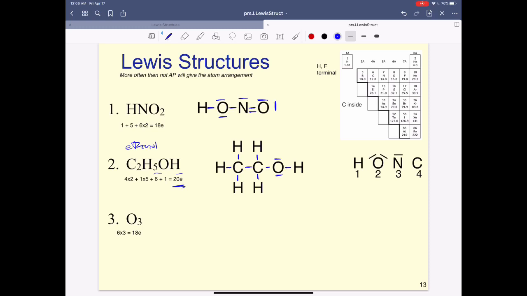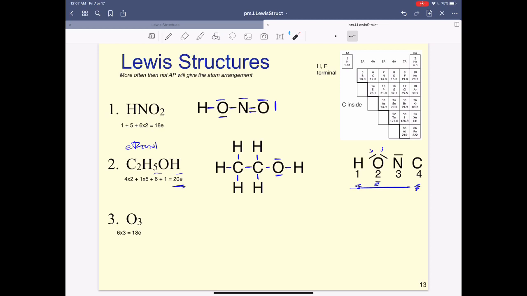No double bonds necessary. And notice that we have observed the HONC 1, 2, 3, 4. Both of our carbons have 4 bonds around them. Hydrogen, 1 bond. The oxygen with its 2 bonds and its 2 unshared pairs, you can see them here.